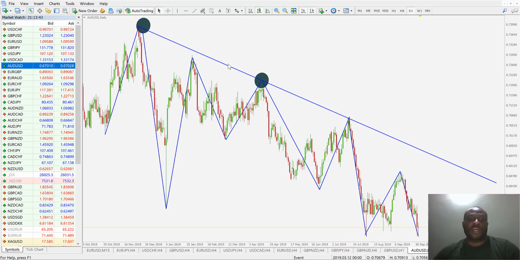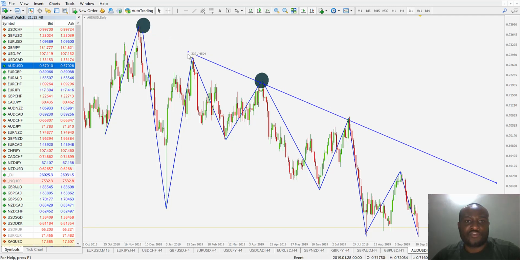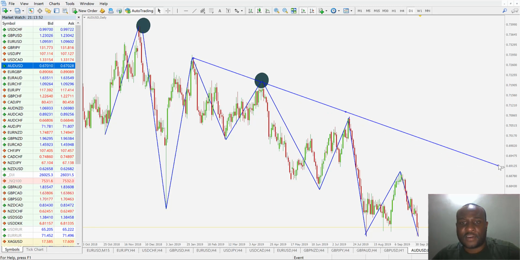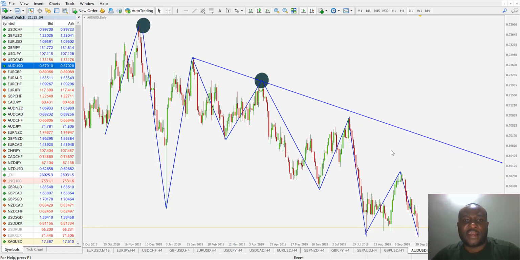Now, you will notice as well that I could have drawn these two here. So instead of, I could have taken these two here. And if I took these two, so this and this, price didn't quite get to my trend line and it bounced back down.